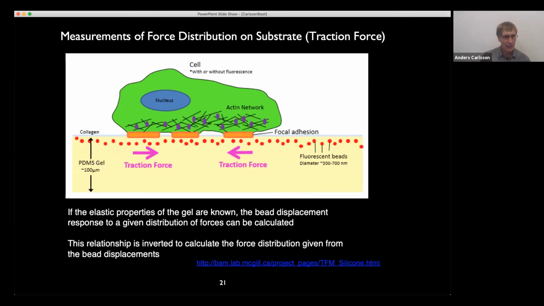So these are embedded in an elastic material. And so you can use gels of varying stiffnesses. So here the beads are like 300 to 700 nanometers in diameter.